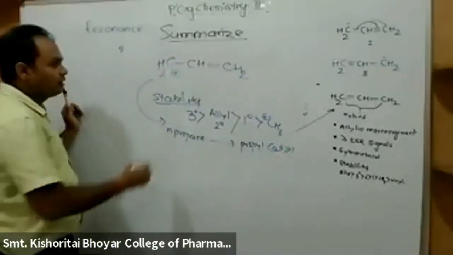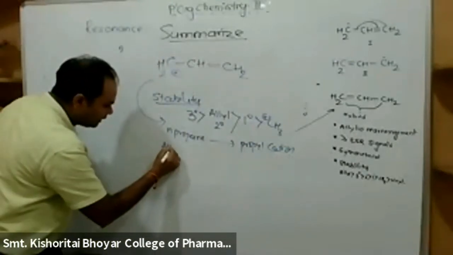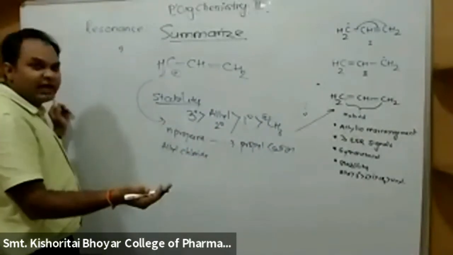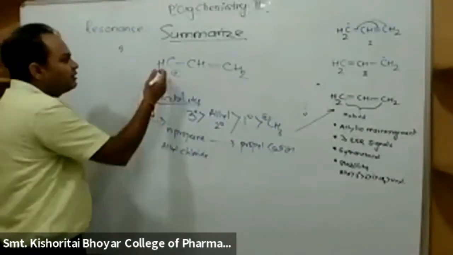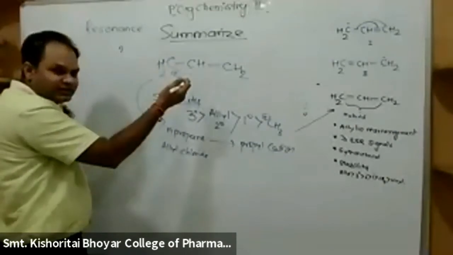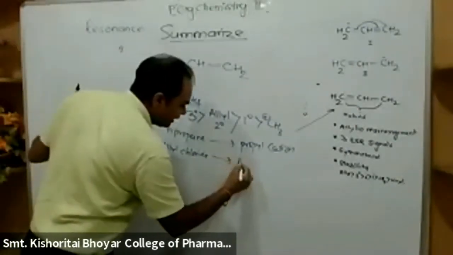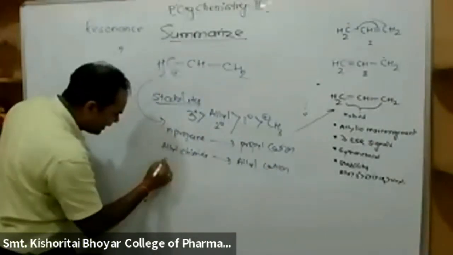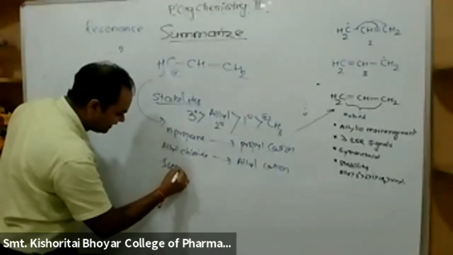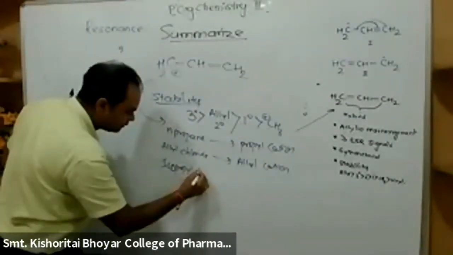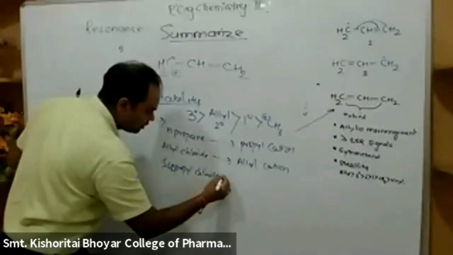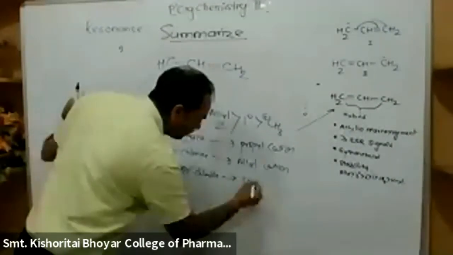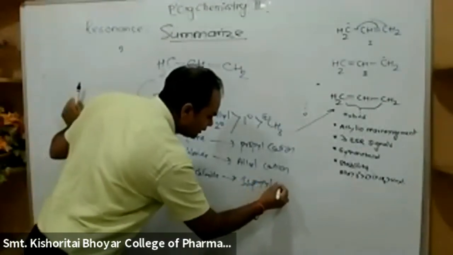Okay, clear? अगर हम allyl chloride का हेटेरोलिसिस करेंगे, okay, heterolysis means the generation of positive charge is there, then we will get the allyl cation. और हम अगर आइसोप्रोपाइल क्लोराइड, that is the secondary one, आइसोप्रोपाइल क्लोराइड का हेटेरोलिसिस करेंगे, तो again we will get the isopropyl cation.